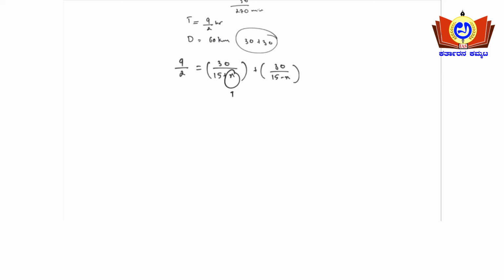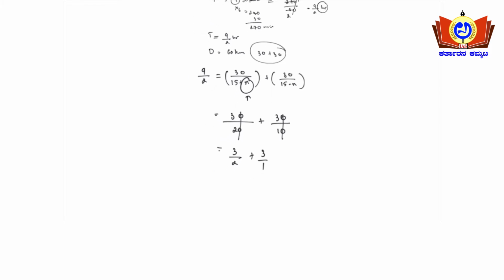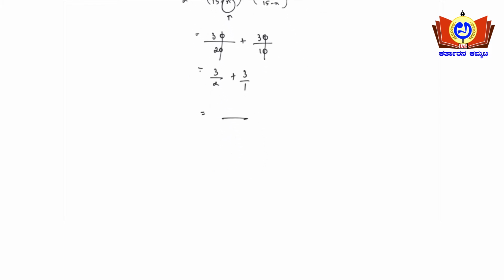For x, when you substitute 5, 30 divided by 15 plus 5 is 20, plus 30 divided by 15 minus 5 is 10. So 0 gets cancelled.